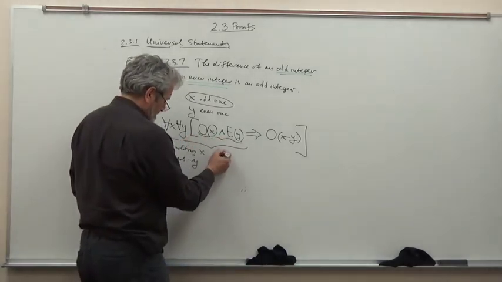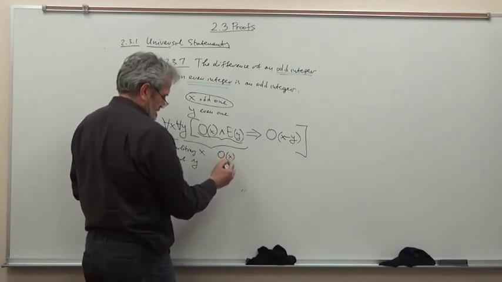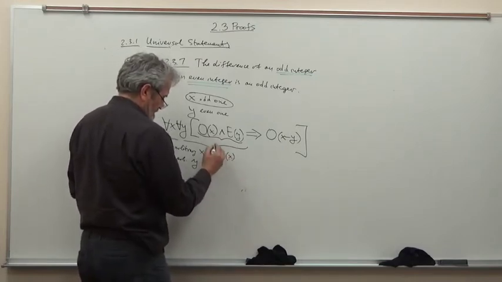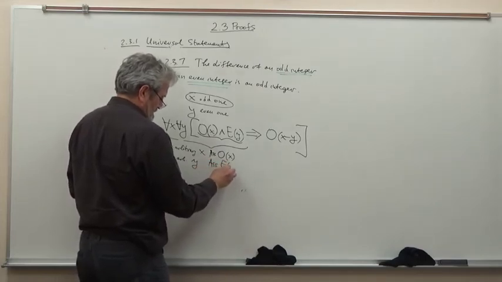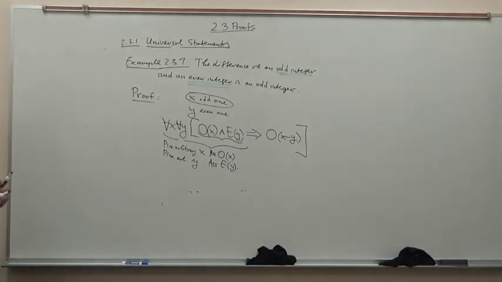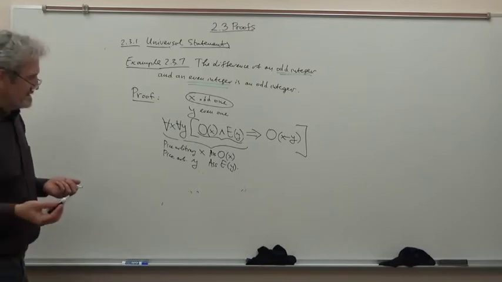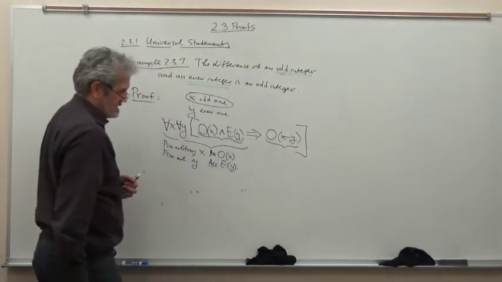We assume that it's not really arbitrary. We know that O of x, so assume O of x and assume E of y. Okay, so those are our assumptions. And then what? The only thing is we want to get that x minus y is odd.